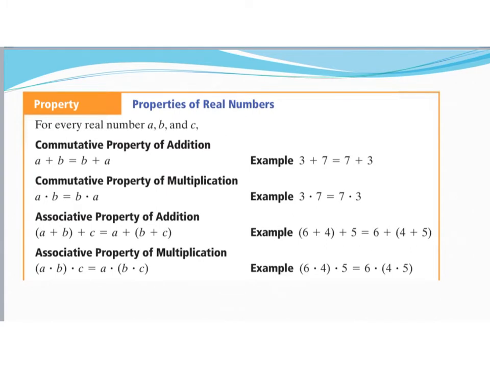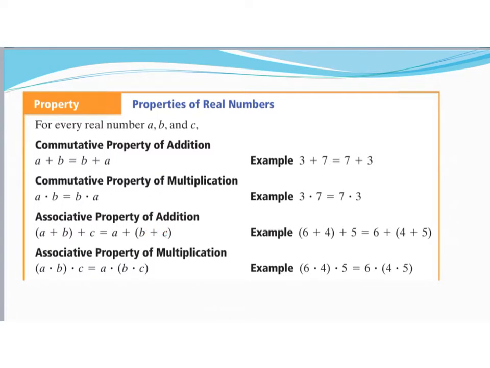On the other hand, we have the associative property of addition, and this is where if I'm taking three quantities, or more, and I'm adding them together, it means that I can group them in any order and still get the same end result. So I can either take the first two terms and add them together and add them to the next term, or I can take the first term and add it to the sum of the second two numbers.